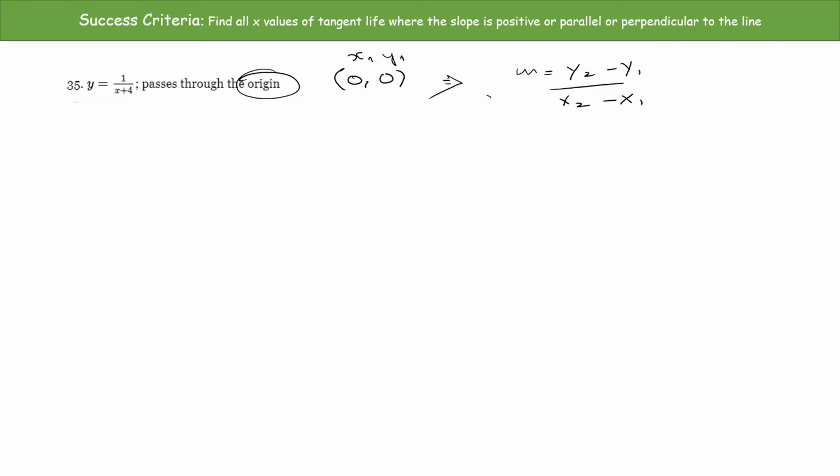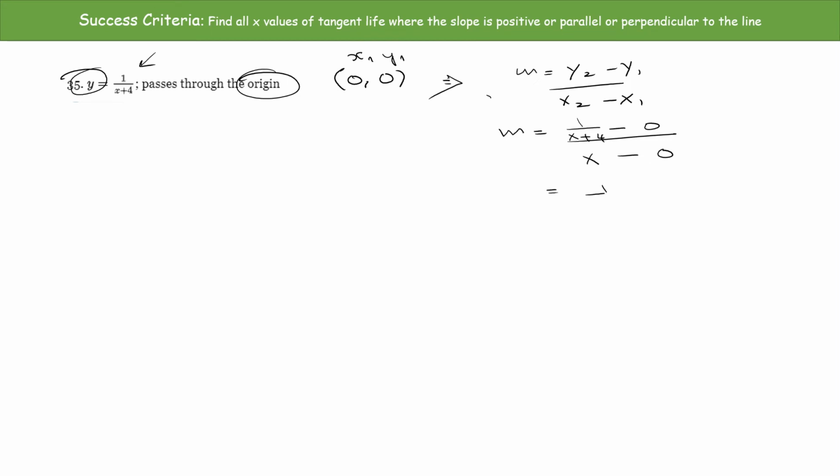So if y1 and x1 are 0, 0, we can replace x1 and y1 by 0. So what is y2? y2 is actually this line. So you can write in place of y2, x plus 4, because this is the value of y. Over x2, keep it as x.